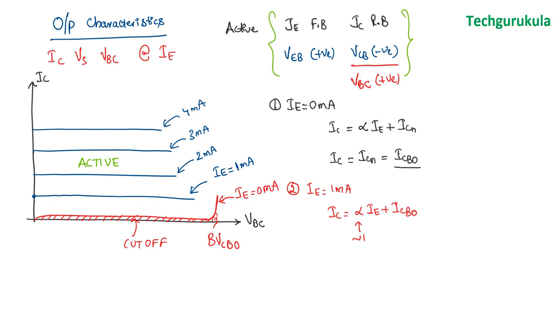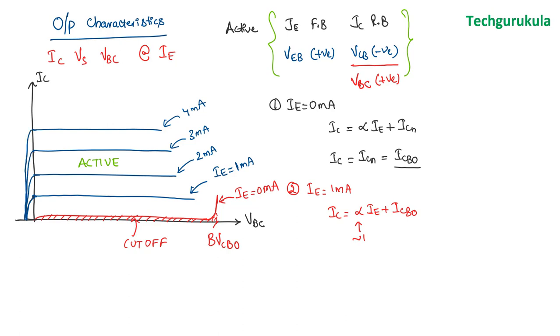Now if we move from the first quadrant to the second quadrant, in which case VBC is negative, which means VCB is positive, the collector junction would become forward biased. When the collector junction is forward biased, the amount of current flowing through the collector would reduce. As a result, we can see that at 0 there is some current flowing, which would reduce as we forward bias the collector junction, and the same for the rest of the curves.